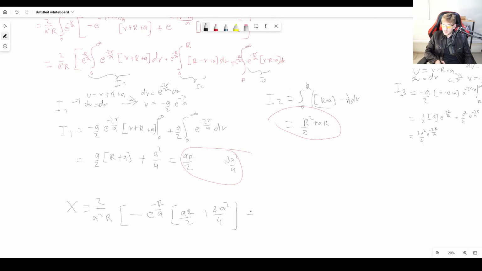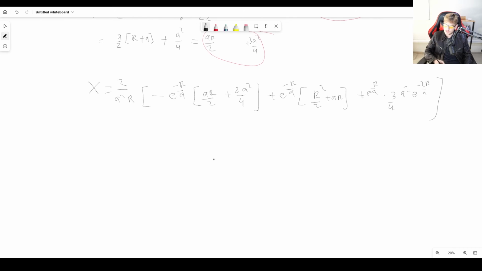And then we get plus e to the minus r over a times the expression from I2, which is r squared divided by 2 plus ar. And finally, we get plus e to the r over a times the result from the third integral, which is 3 over 4 a squared e to the minus 2r over a. So as you can see, every single one of these terms will be multiplied by e to the minus r over a. So let's factor it out.